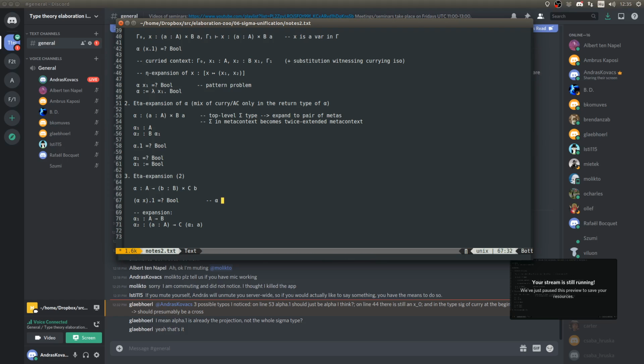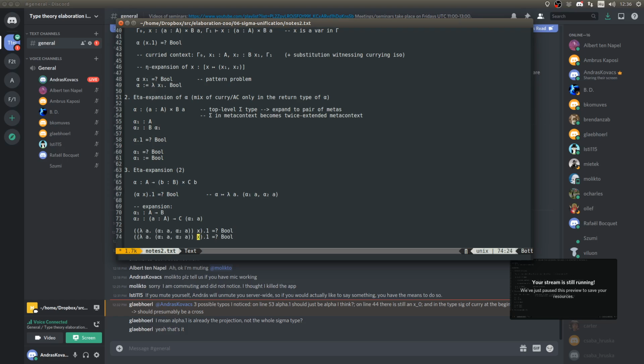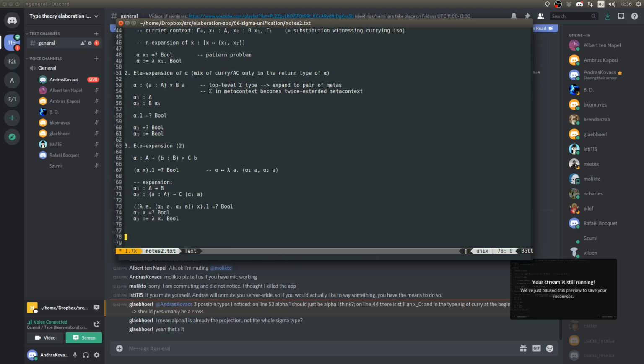So alpha is actually solved, and the way it is solved is that it's a lambda A and then alpha 1 A and beta, sorry, alpha 2 A. And if you apply this solution, then this problem becomes, so we can kind of copy this and then apply this to x and then take the first projection and we can simplify it to alpha 1 x. And from this we get the solution.